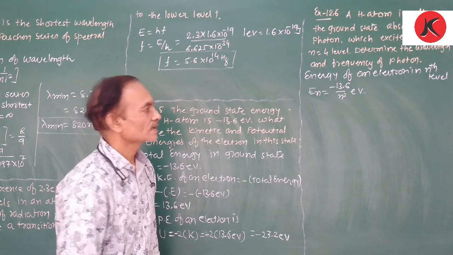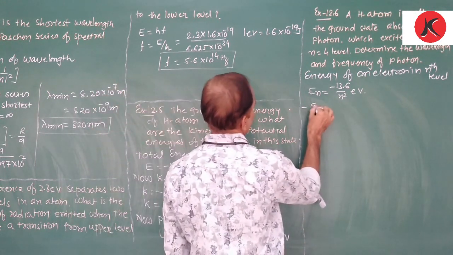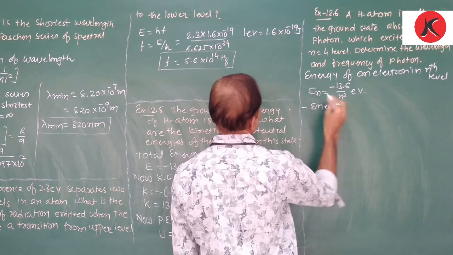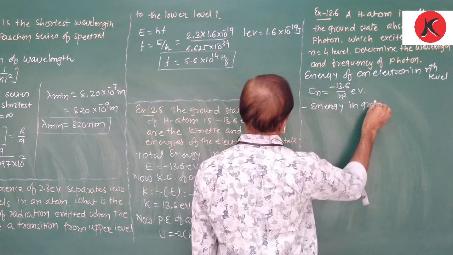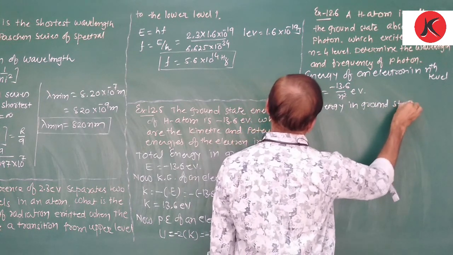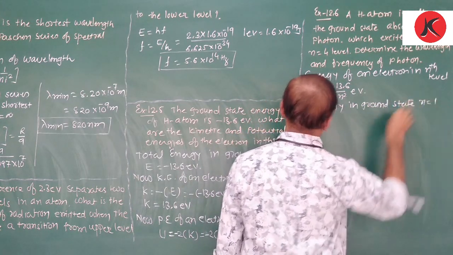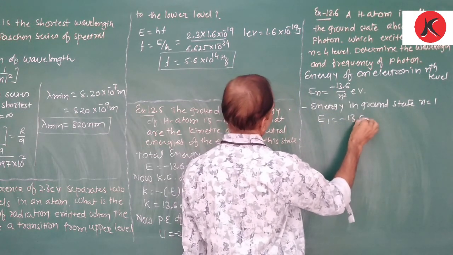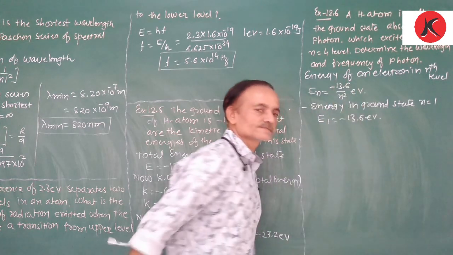Now, for the ground state, that means n is equal to 1. Therefore, E1 is equal to minus 13.6 electron volt.